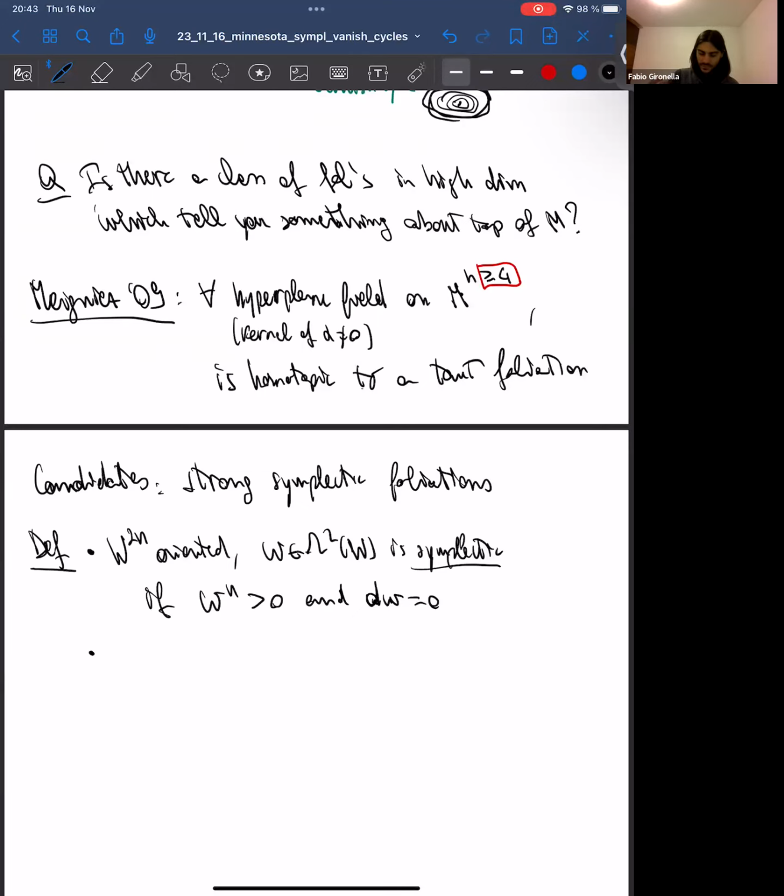Then we consider these kinds of structures on the leaves of a foliation.